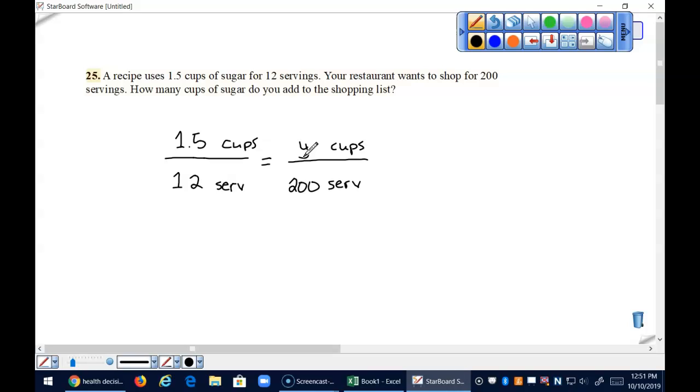So, yes, if you do this a lot, if this is part of your job at the restaurant, then you're probably not going to write a proportion each time. You'll get an intuition and know which ones to multiply and which ones to divide. So that would be faster. But I'm pretending we don't have any intuition yet, and we're doing a test, and our brains are going to shut down. So let's do this the most reliable way.